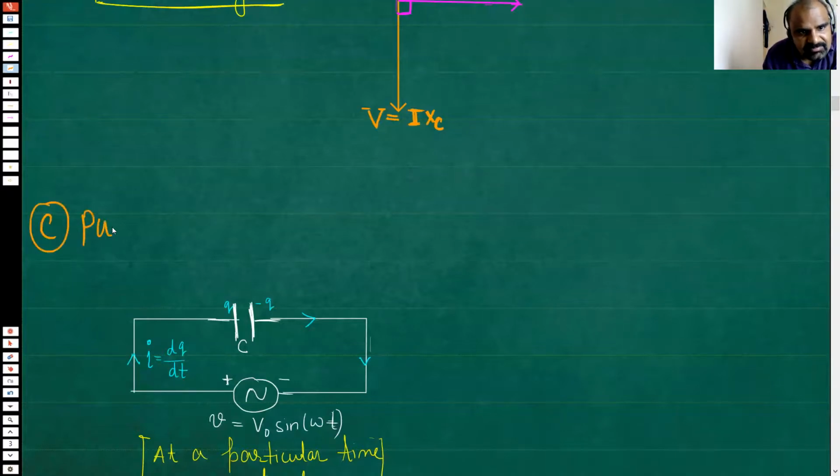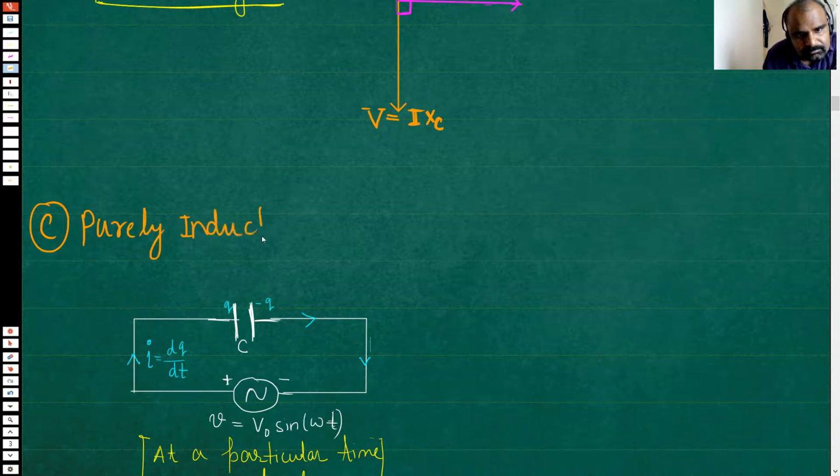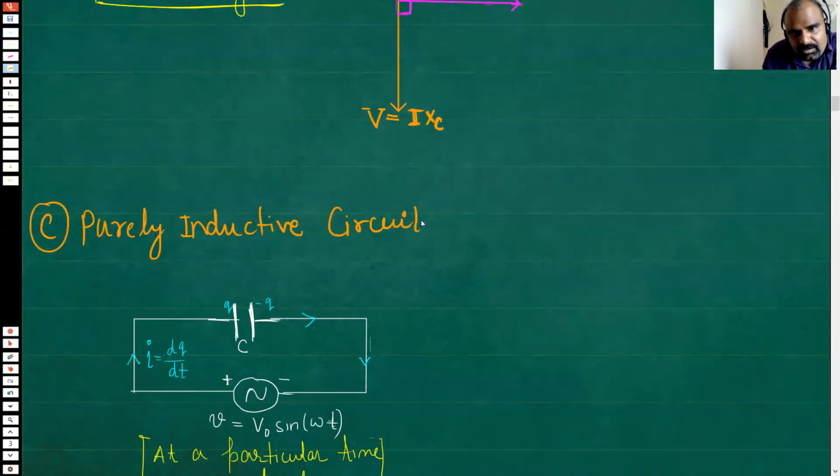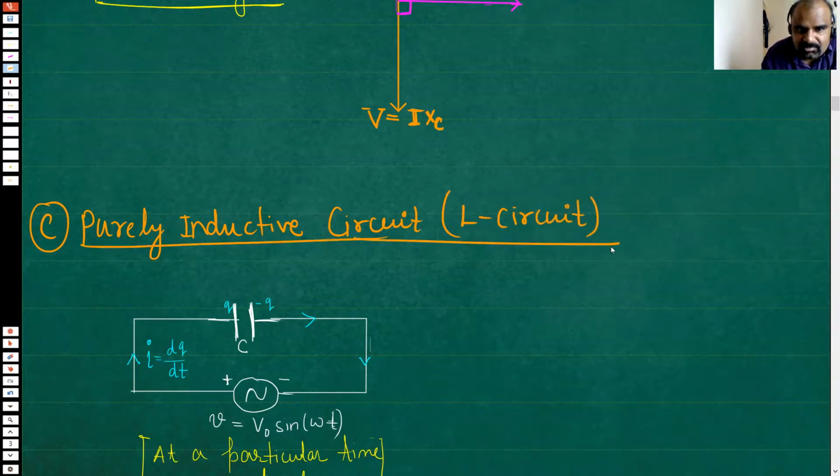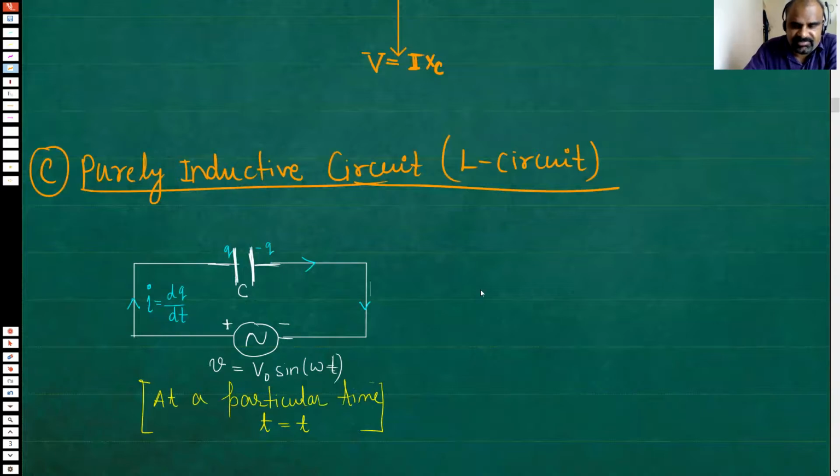This is a purely inductive circuit, which can be written as L circuit. Okay. So this diagram is the instantaneous diagram.